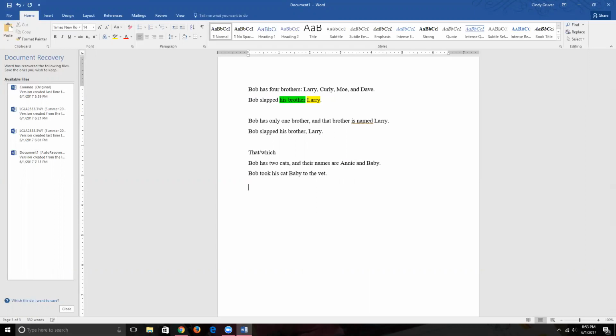Bob has 1 dog, and his name is Fido. Bob took his dog to the vet. Okay, we're going to say his dog, Fido. Okay, this is not necessary for the sentence because he only has 1 dog.